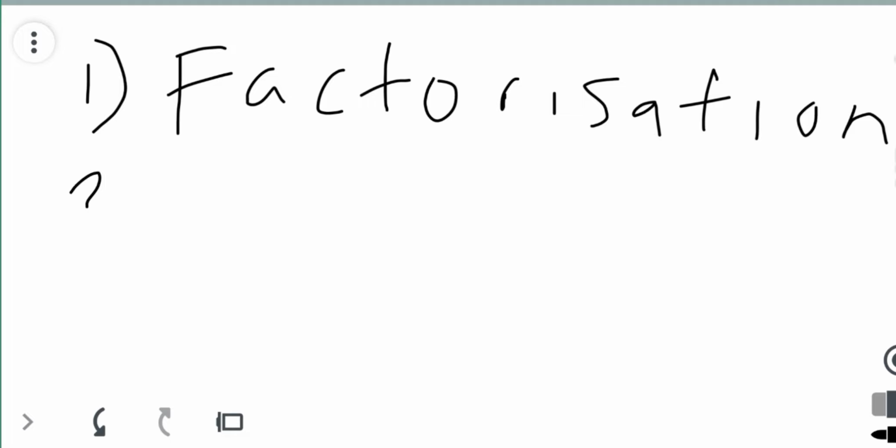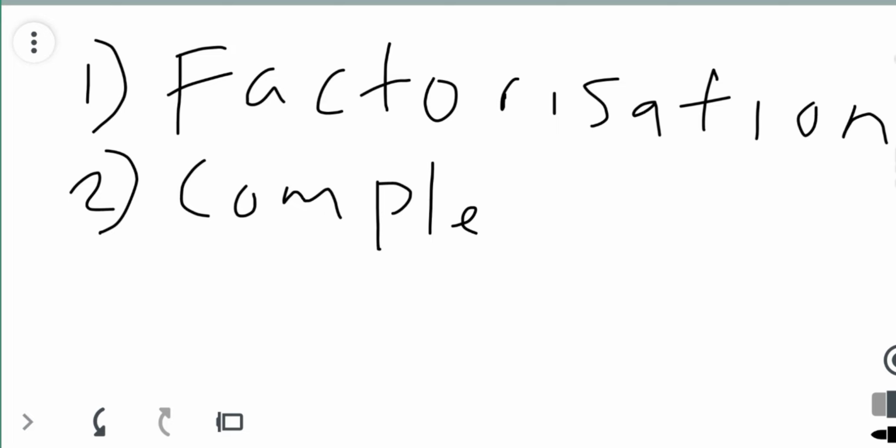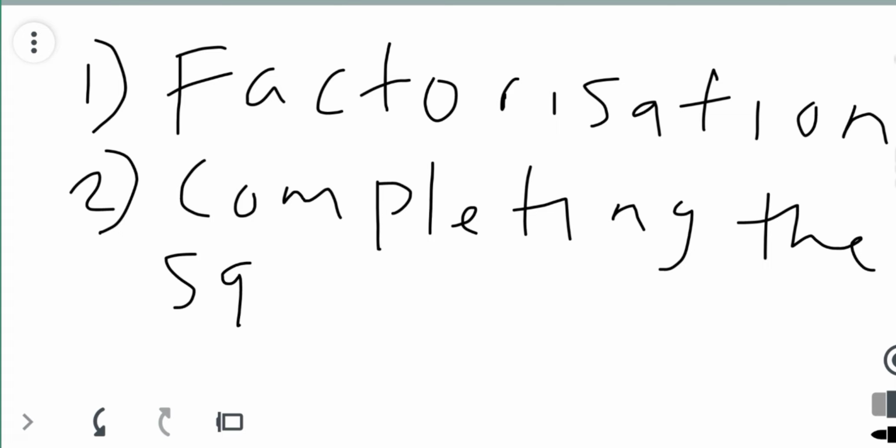As well, we have the second method, completing the square. That's the second method that we can use.